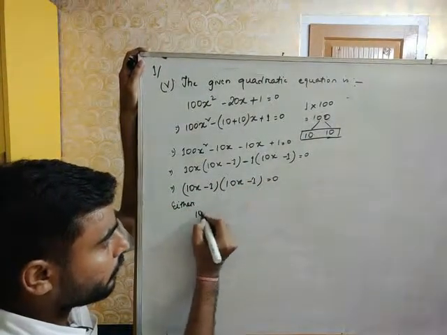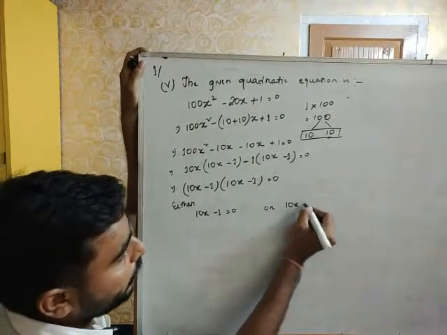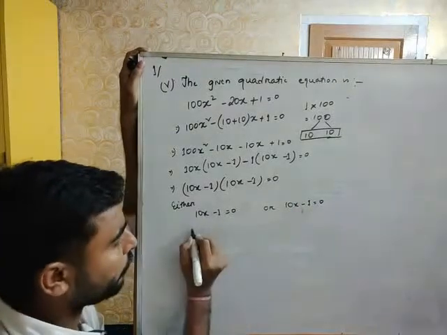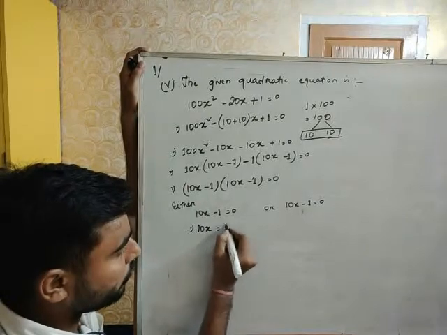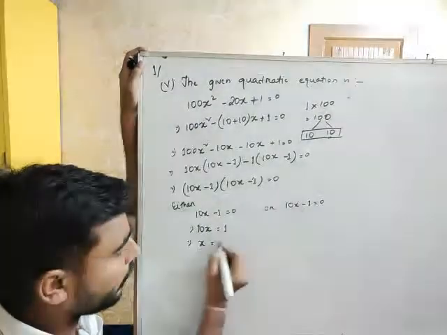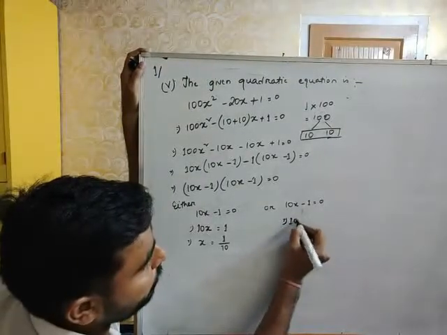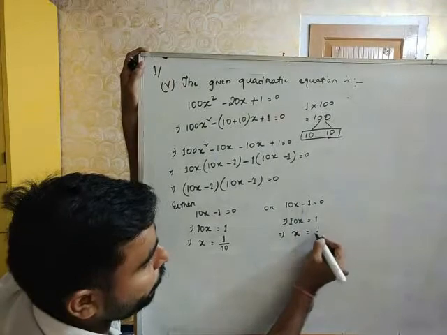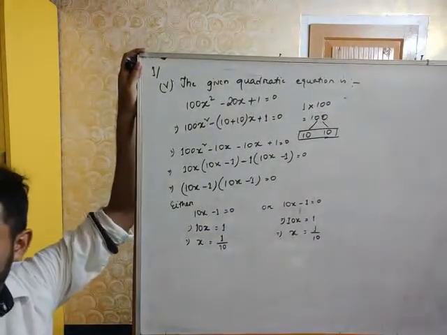So either 10x minus 1 is equal to 0 or 10x minus 1 is equal to 0. Which implies 10x is equal to 1, x is equal to 1 by 10. 1 taken that side becomes plus 1, 1 by 10. So this is how we got the roots.